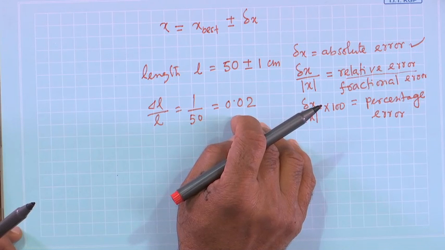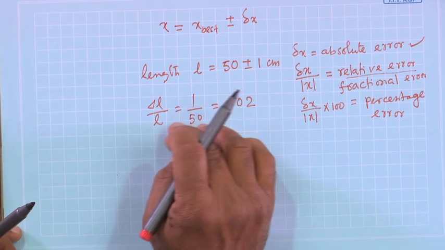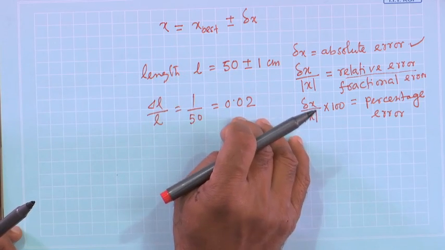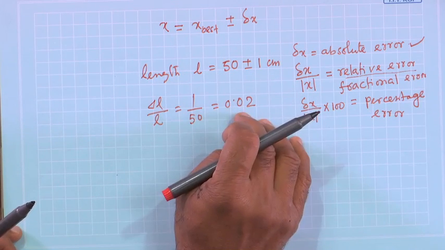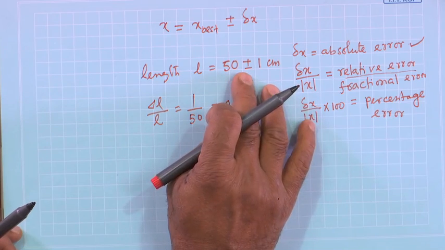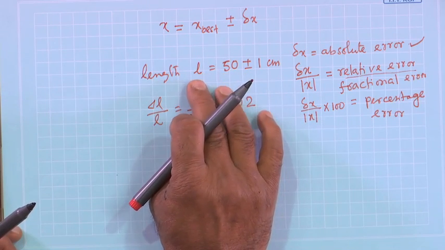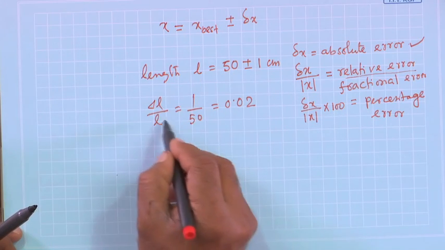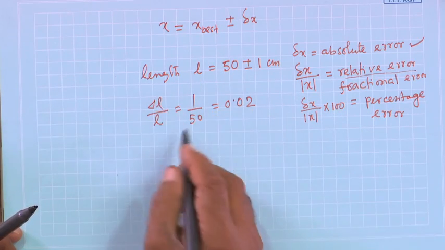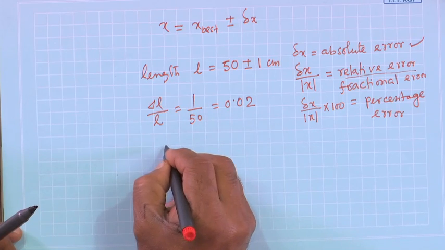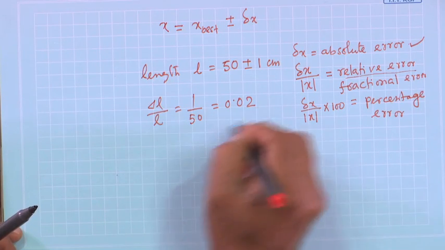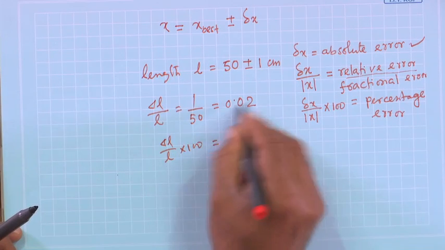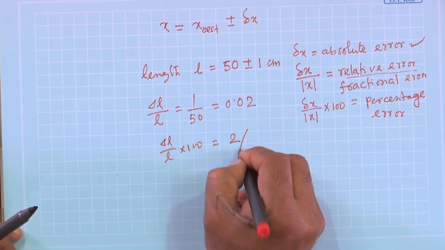But to express your length with error you cannot use this directly. Generally we take the percentage error, so you multiply delta L by L by 100. Here you will get 2%.